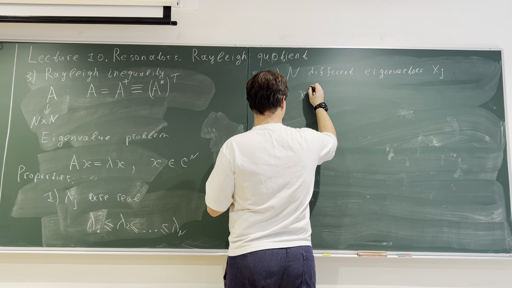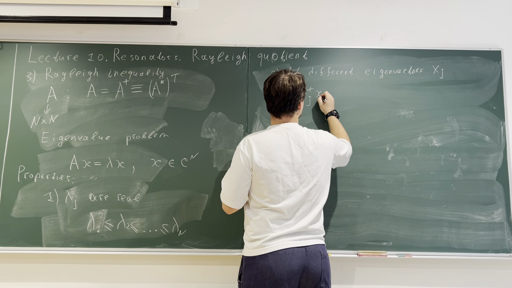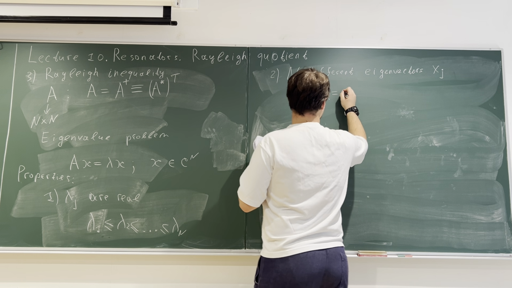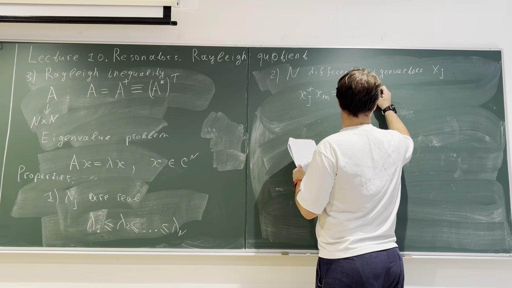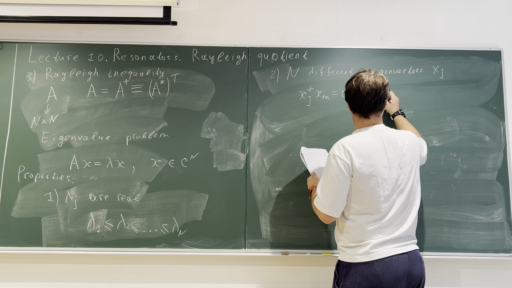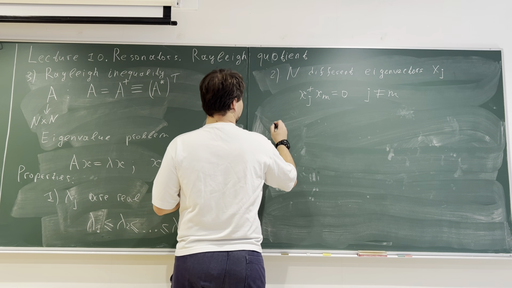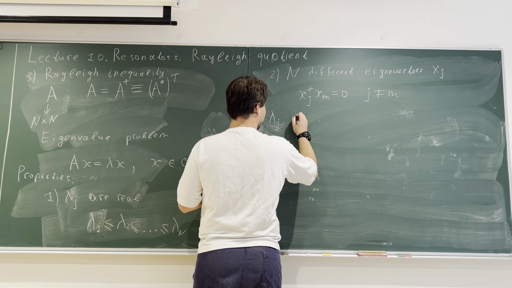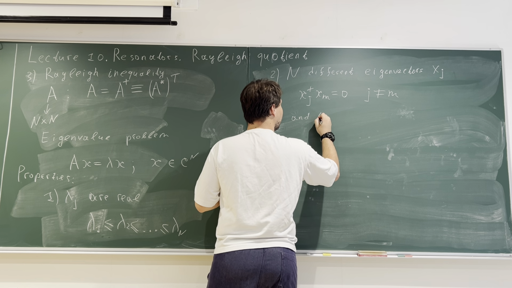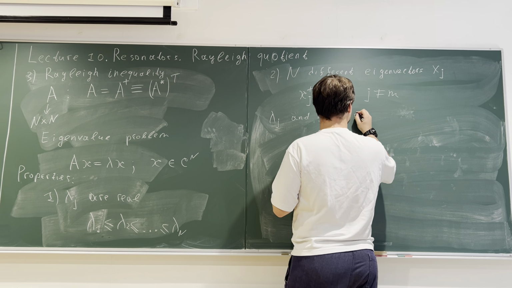Eigenvectors should be orthogonal, and orthogonality means the following property: for j not equal to m, but to be general, lambda j and lambda m can coincide.